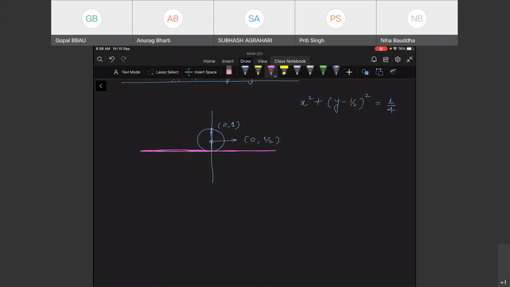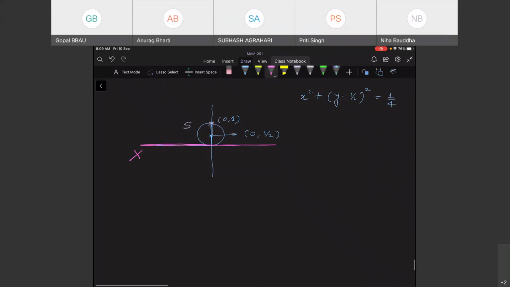There are other lines also, but we are taking this. What we are interested in is this circle minus this point. So let me call this circle S, and the x-axis X. Then my claim is S minus this point (0, 1) is homeomorphic to X.